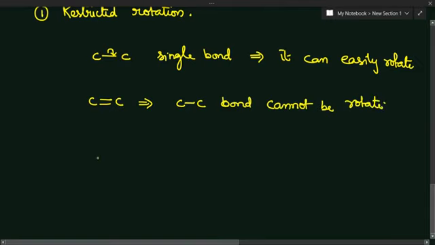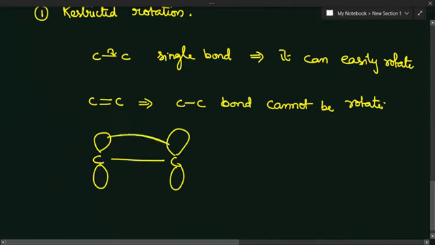What is the reason? Very simple. If we rotate this sigma bond, the pi bond which is formed due to the overlapping of the p orbitals will break. So we cannot rotate a carbon-carbon double bond.